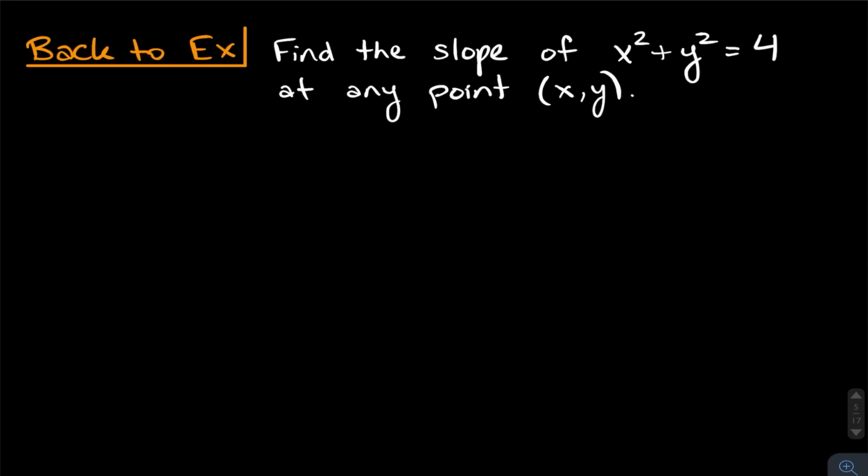So we want to find the slope of x squared plus y squared equals 4 at any point (x, y). We're going to write out this equation, and I have this spaced out for a reason. Like always, when we want the derivative and x is our main independent variable, we can take a derivative with respect to x on both sides.